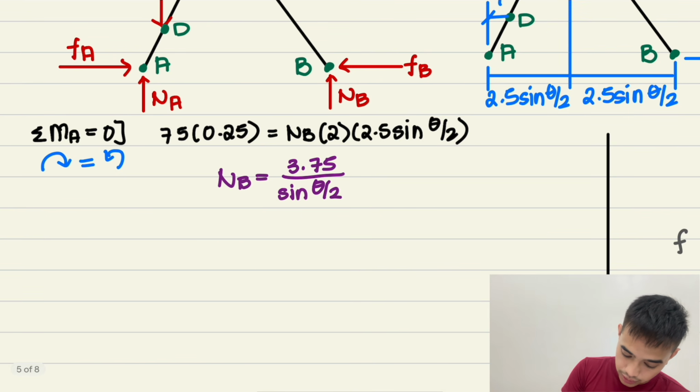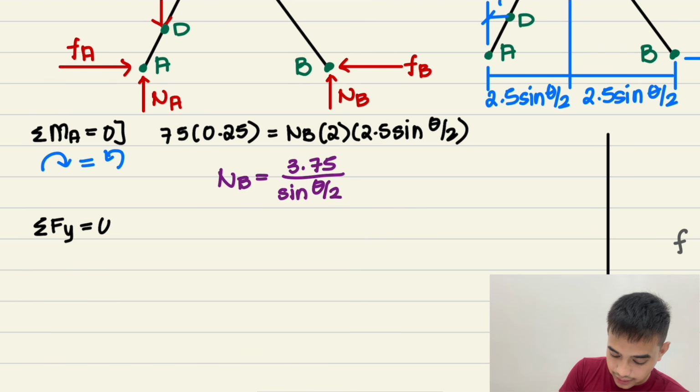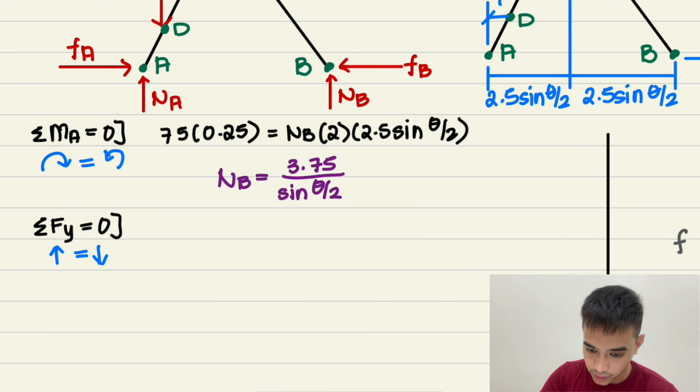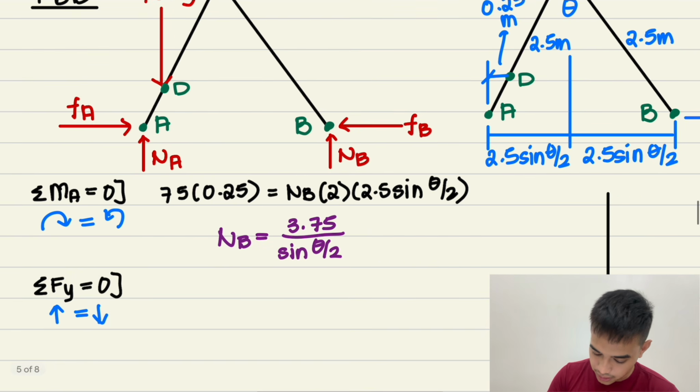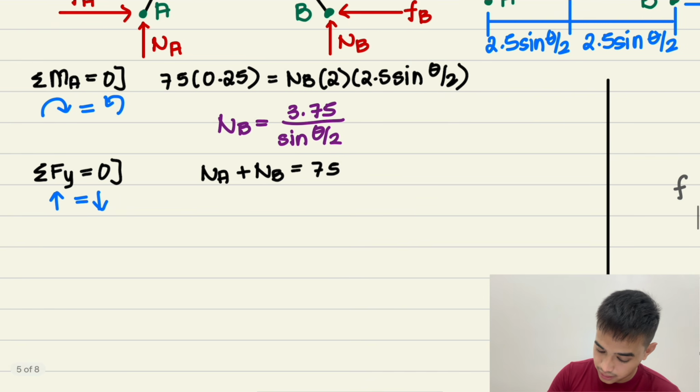Now we proceed with summation of forces vertical, or along the y-axis, where I will equate upward forces with downward forces. We can see in our free body diagram, there are only 3 forces: NA and NB for upward forces and the 75 load for the downward force.